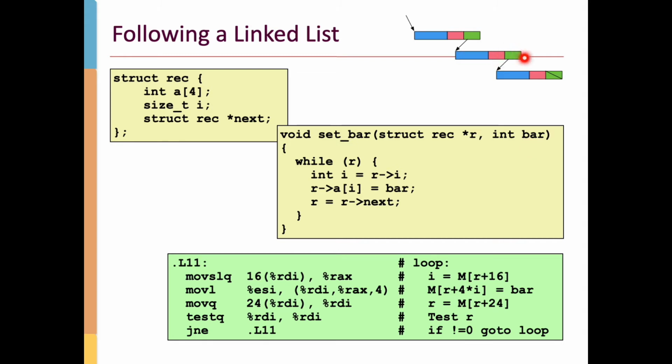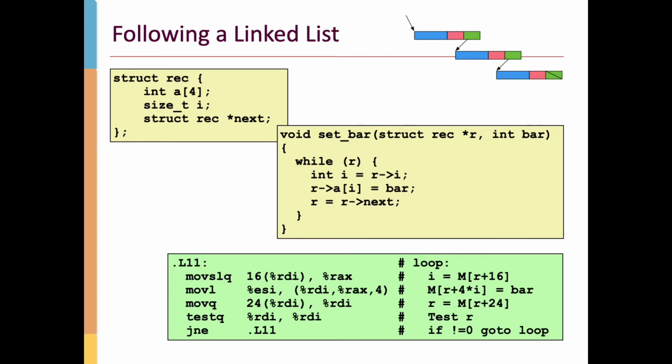Grab the next pointer out of that structure, and then do the same thing again with this third element in the list. By the time we get to this statement, though, in the third element, the value for next at that point is the null pointer. It's a 0. So we'll loop back to the while statement. This will now be a 0 value, and we'll want to bail out of the while at that point because we've now traversed the entire list.